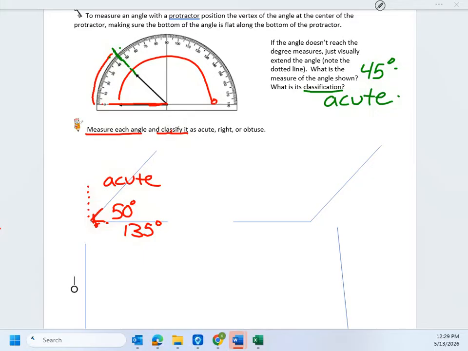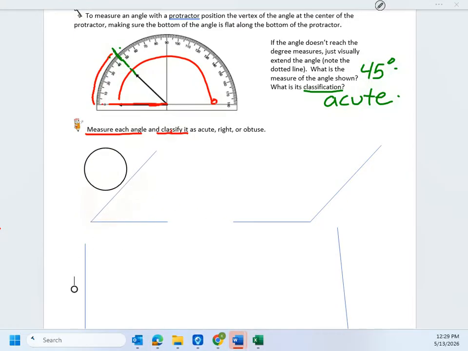Does acute match up with 135 degrees? No. No, that's my checkpoint. Did I use the right numbers? If your degree doesn't match with the classification, go back and use the other set of numbers. Any questions on that?